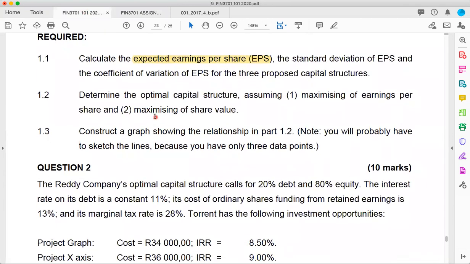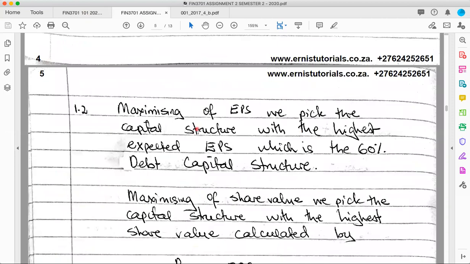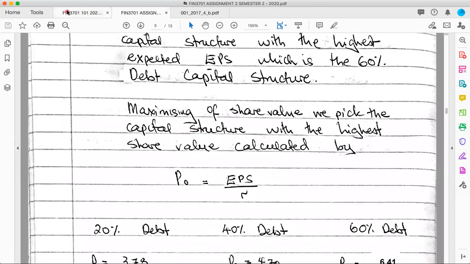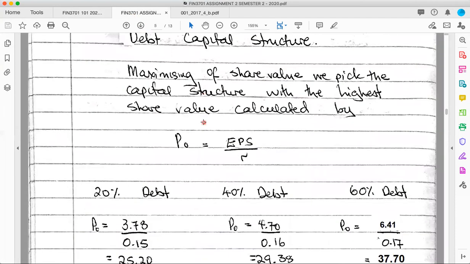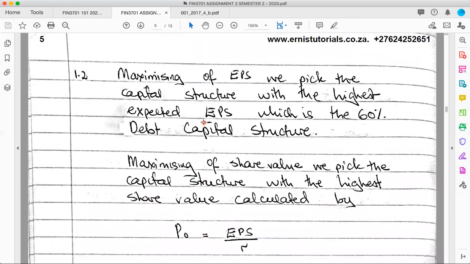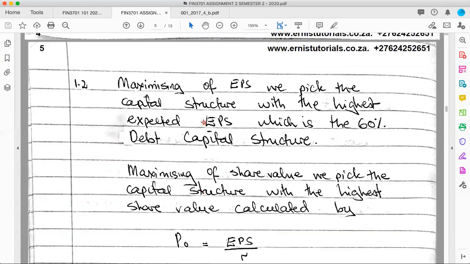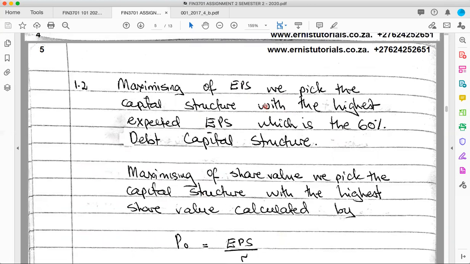Part 1.2 said, determine the optimal capital structure, assuming 1, maximizing of earnings per share, and 2, assuming maximizing of share value. So we're asked to determine the capital structure if we are assuming maximizing of earnings per share, and if we're assuming maximizing of share value. Okay. So if we are using maximizing of earnings per share, we simply just look at each of our expected EPS, and then we pick the capital structure that gives us the highest expected EPS.